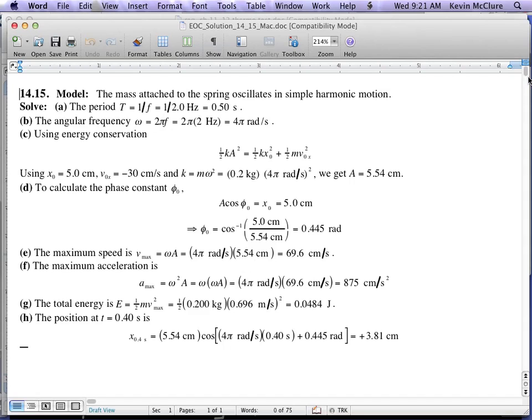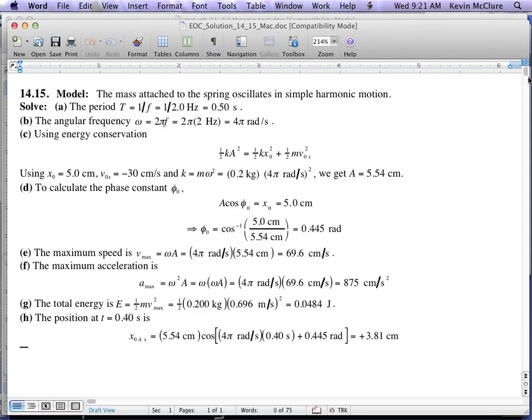So if I asked you, how do you know that 5 centimeters is not the maximum amplitude, what could you say? They told me that if the stretch is 5 centimeters, then there's a velocity of negative 30 centimeters per second. By looking at that, you should be able to tell me how you know that 5 is not the max amplitude.